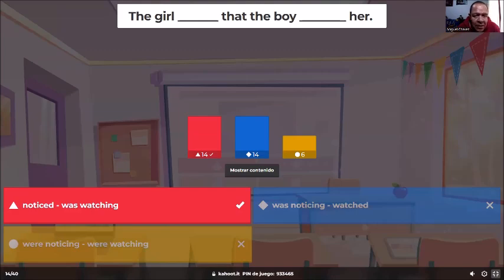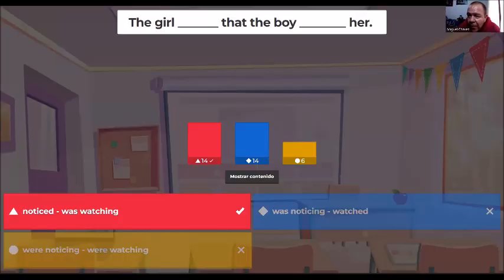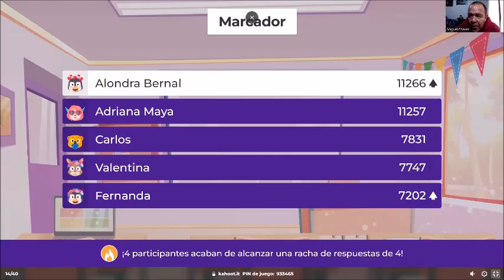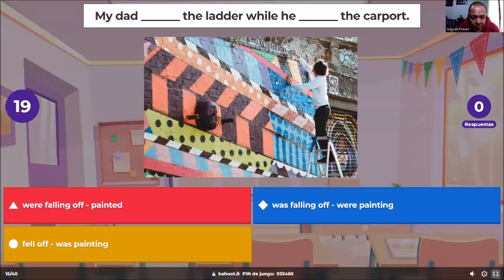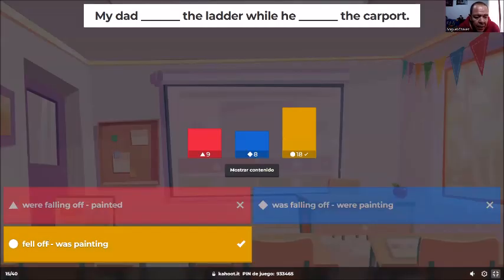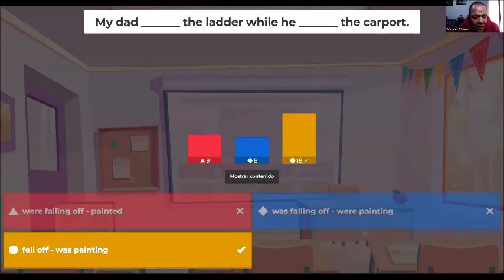The girl noticed that the boy was watching her. My dad fell off the ladder while he was painting the carport.